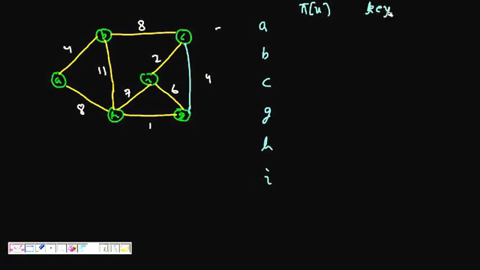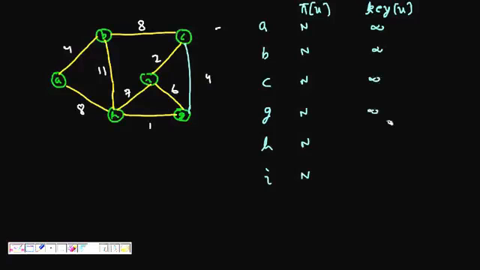These are the basic things they will have. Initially, for each of them the parent is null, so no parent is assigned, and the key is infinity in each one of them.